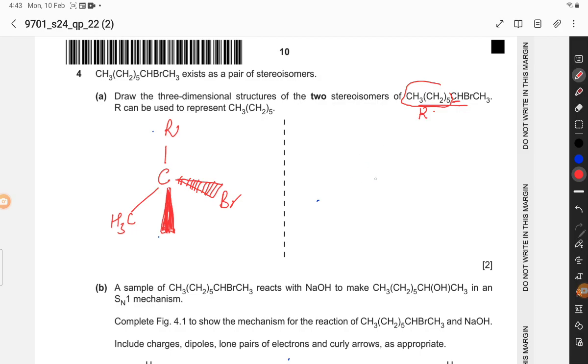So draw another molecule which is the optical isomer of this, the mirror image of this. So you can draw like this. This is dotted wedge. This is solid wedge. This is towards you.